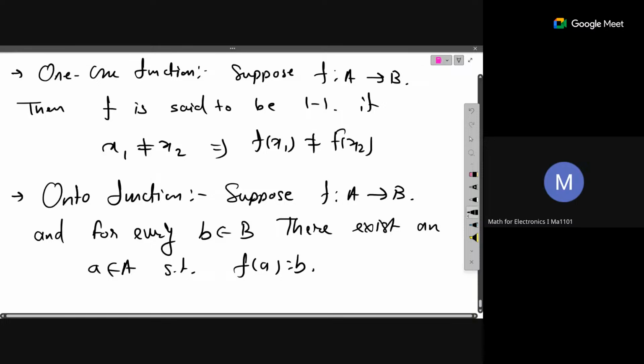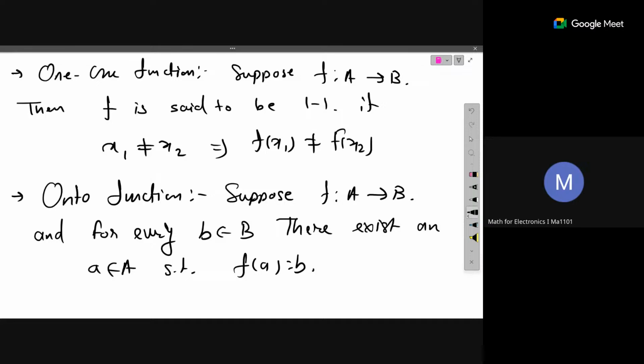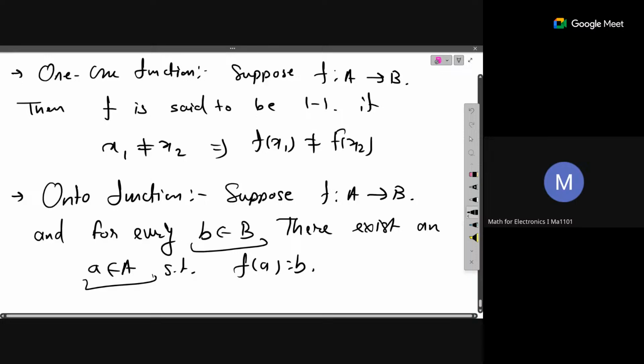So every element in the codomain has a pre-image. I think you are okay with the pre-image concept. Is there any doubt over these two definitions? A one-one function simply says that if we take different inputs, we get different outputs. And an onto function says that for every point in the codomain, we must have a pre-image, meaning for every b we can find an a in A such that f of a is equal to b.